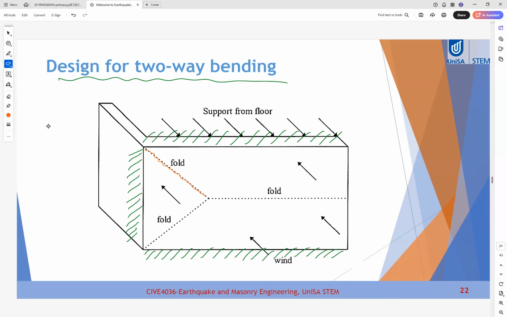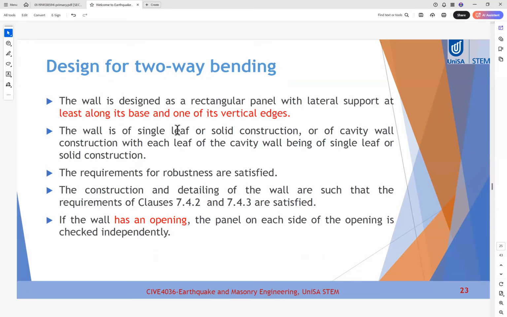This fold and this fold meet at one point. For example, if this is 450, 450, 450, 450, then this will go straight like that because there is no support here. So this will be the crack pattern of the wall in two-way bending, similar to solid slabs.